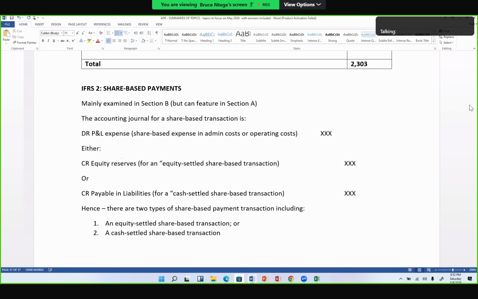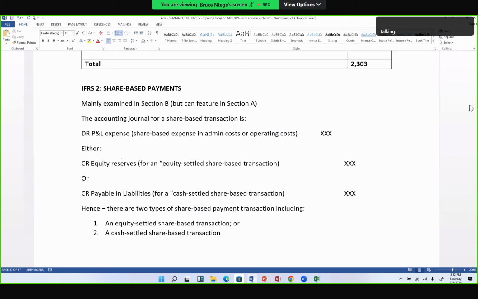Okay, fine. In both cases, there are principles that we shall take care of. In either or both types, you are recognizing a share-based payment expense in the P&L. So basically, the entity recognizes an expense in the P&L. And this could be based on vesting conditions and a vesting period.